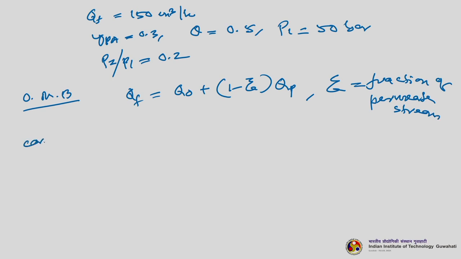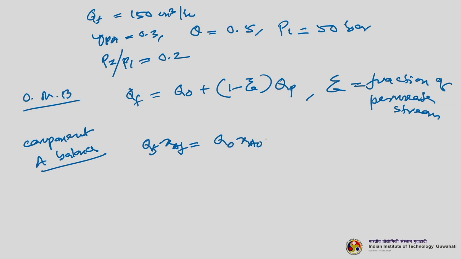So, component balance: QF XAF equals Q naught XA naught plus (1 minus zeta) into QP YPA.